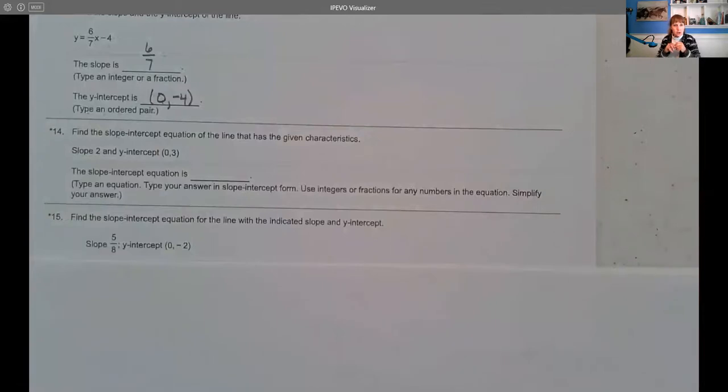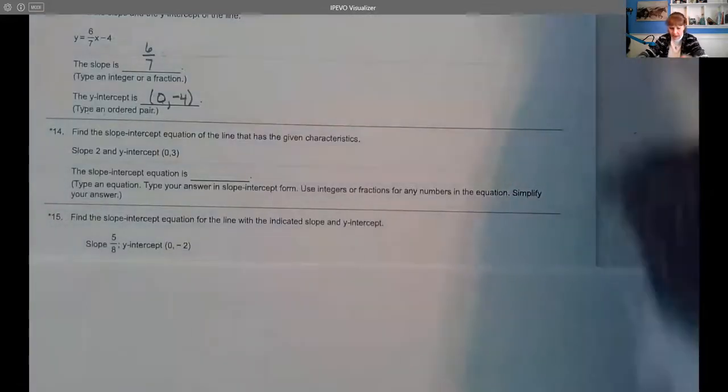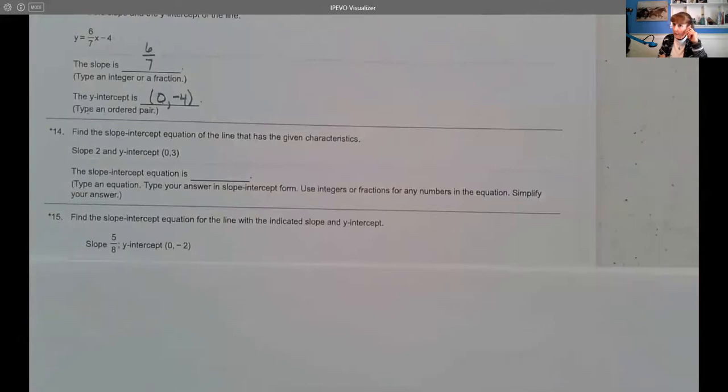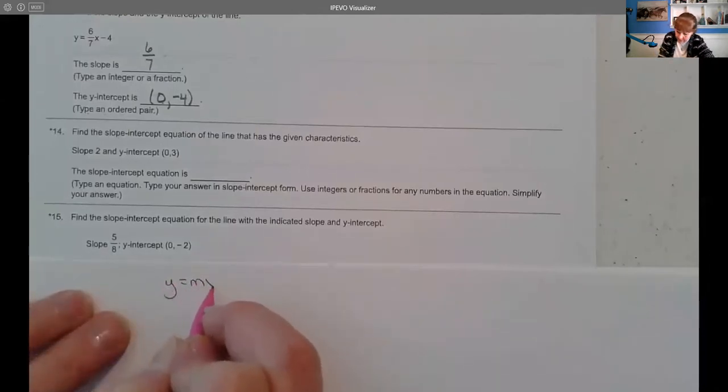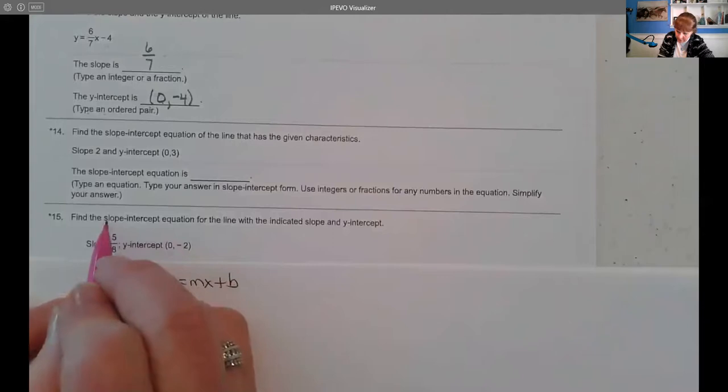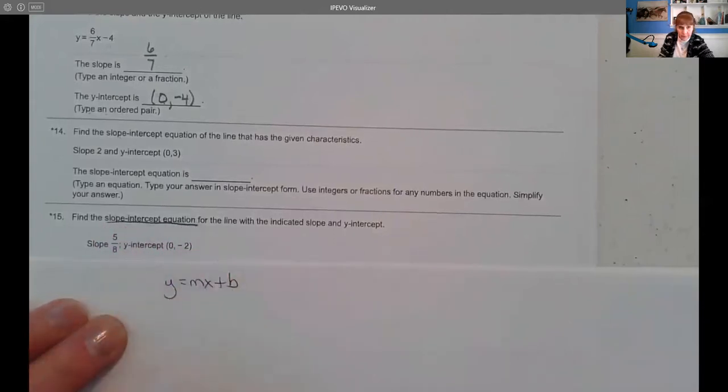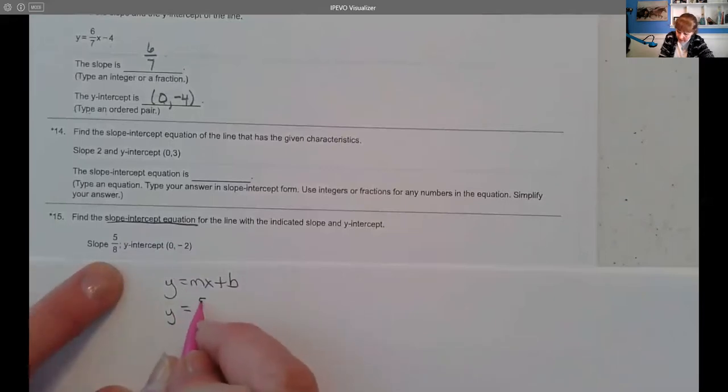Let's look at another one here. I have a slope of 5/8 and a y-intercept of (0, -2). I know it's the y-intercept because the x is 0. Whenever the x is 0, it means you have to be along the y-axis when you plot that point. So we'll just fill in our template here. This is our slope intercept equation. Y equals, the slope is 5/8, the y-intercept is -2.